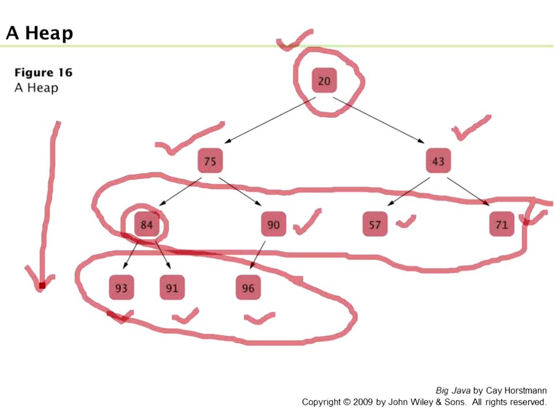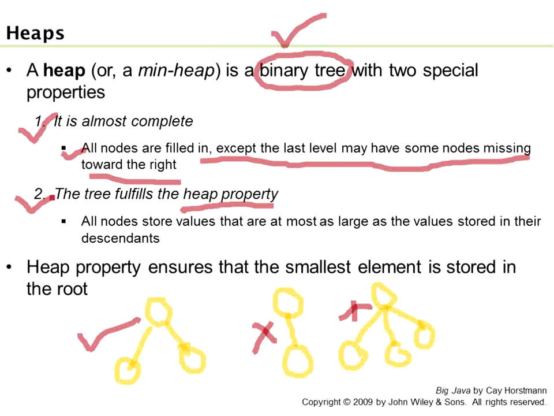Yes. So this is the heap property, that all nodes store values that are at most as large as the values stored in their descendants. So as you move downwards, the values increase in case of a heap.